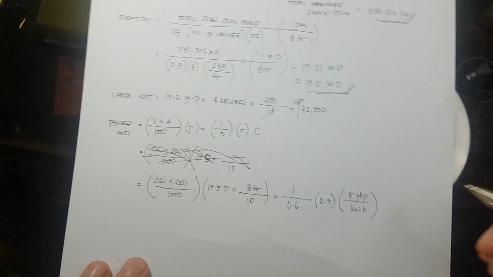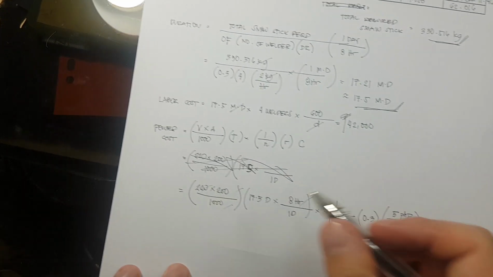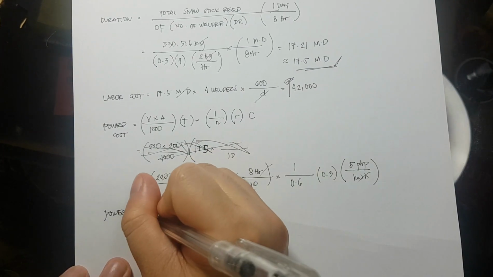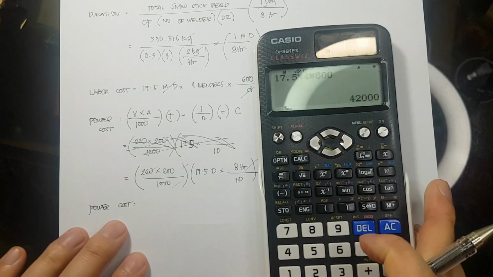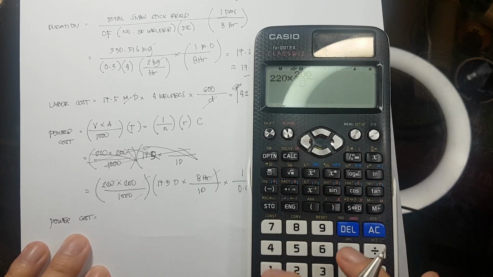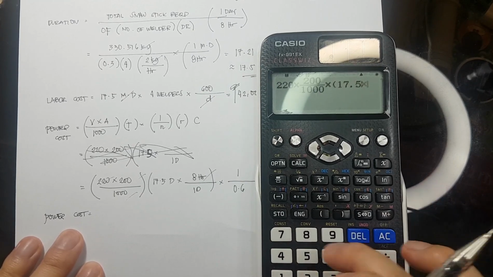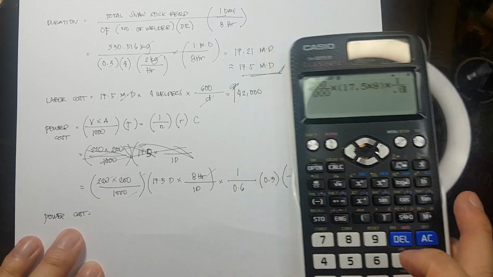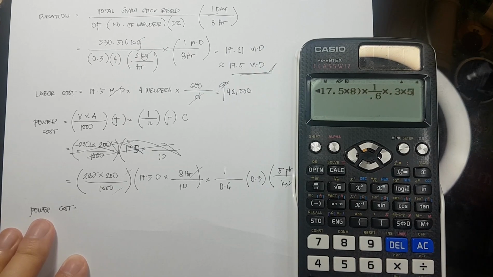Okay? So, ang matitira dito, magka-cancel yung mga units natin. We will be left with pesos. So, power cost is equivalent to 220 times 200 over 1,000 times 17.5 times 8 times 1 over 0.6 times 0.3 times 5.